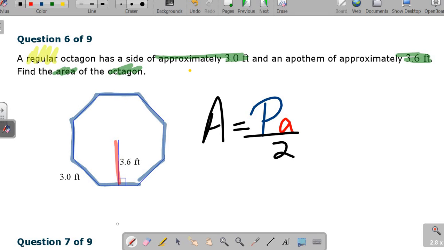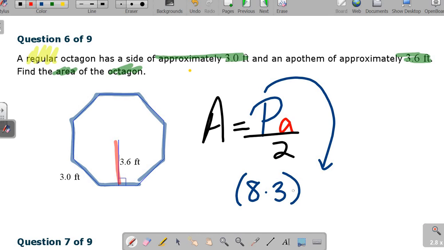over 2. Our perimeter is 8 sides times 3 each side, and our apothem is 3.6 over 2.